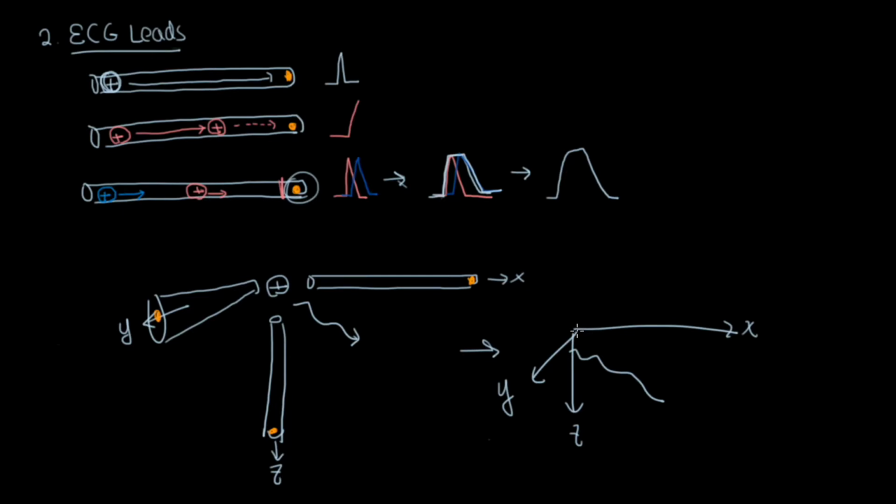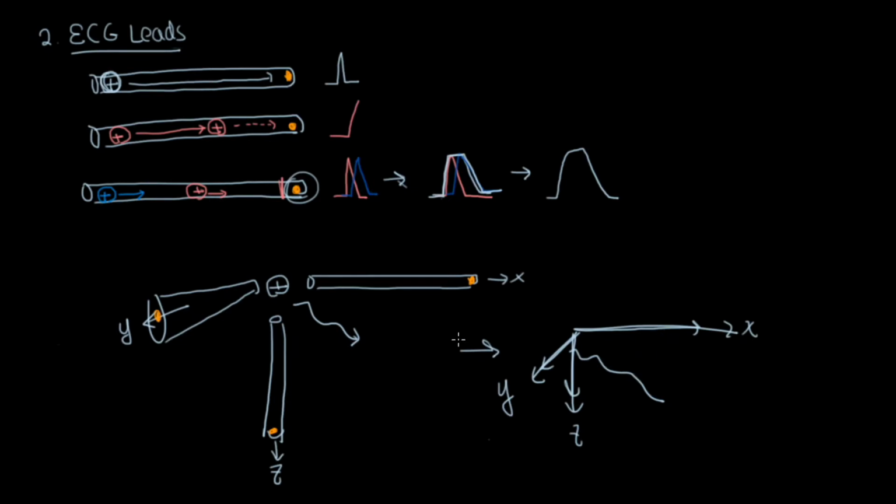So the problem here is that if you have a charge that isn't moving exactly along the axes of one of these, and it's moving like this one here in a random direction or in a path that's not parallel to one of these axes, then you have to do a bit of calculation in order to figure out what it's doing, right?